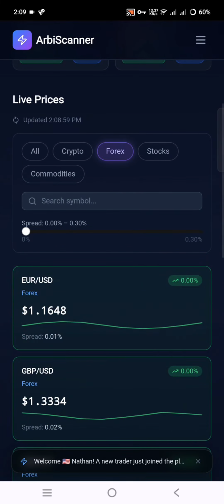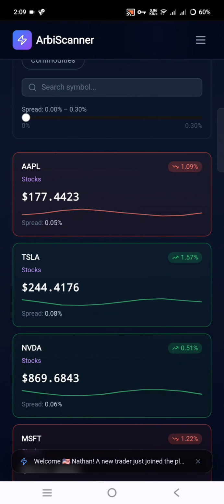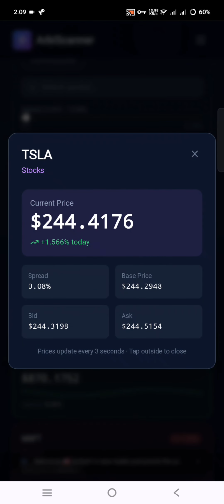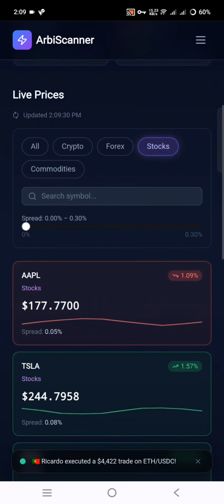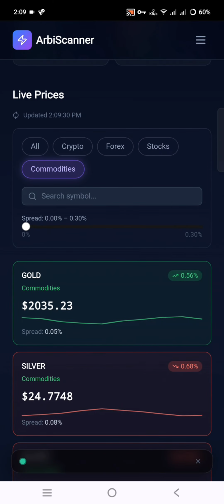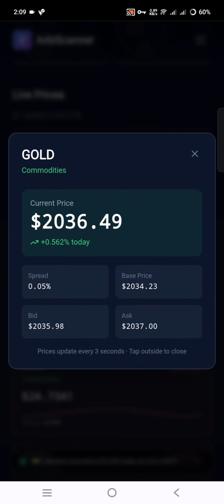You come up here, you have the stocks. Let's say, for example, we have Tesla. It is at 244.4176 USD. And also come back here, we have the commodities. Let's say we have gold. The current price is 2036.49 USD.